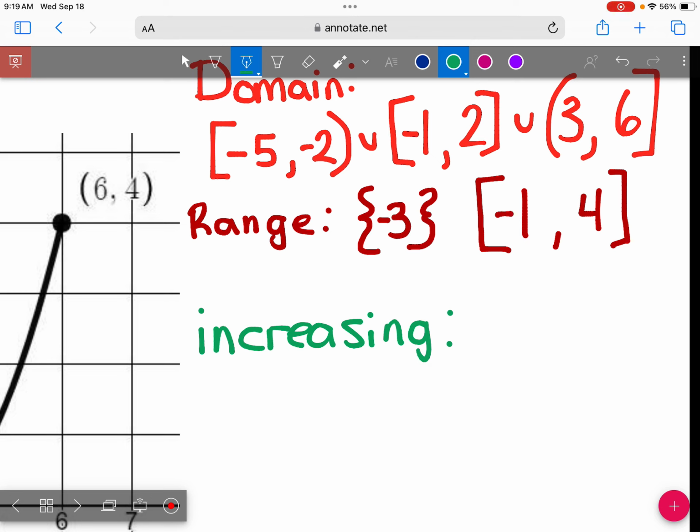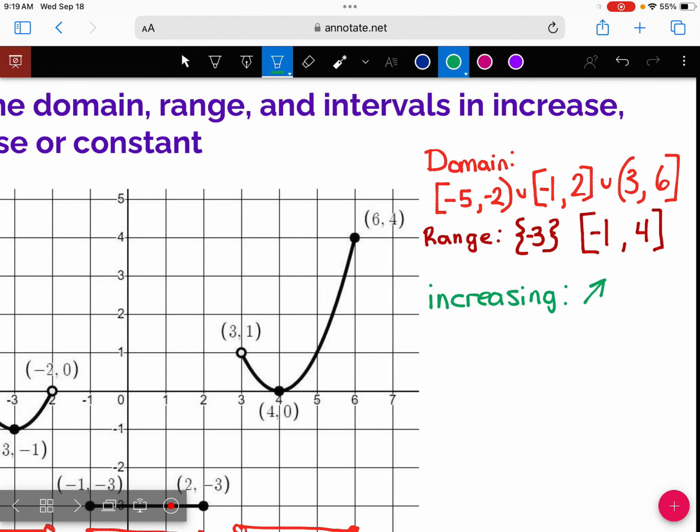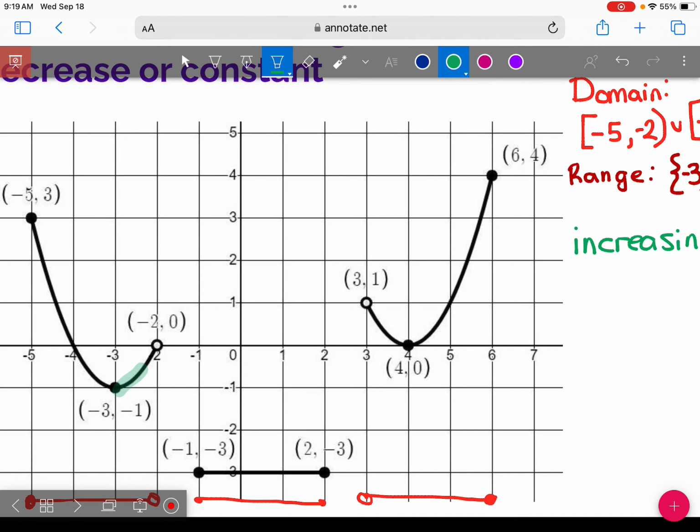Think positive slope. They're climbing when we read from left to right, because that's how we read words. I'm looking for things that are going up. So where do we have pieces that are going up? From 3, -1 to 2, 0. That's a piece that's increasing.